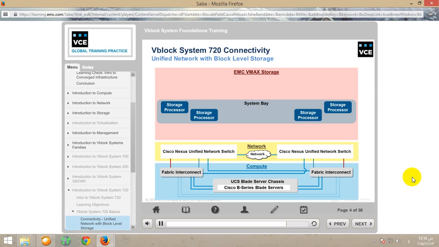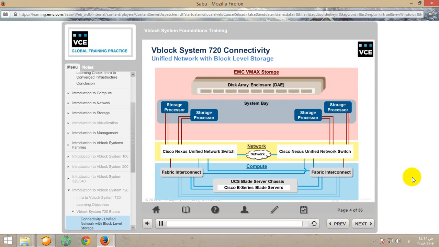In VMAX, the storage processors are referred to as engines. These systems can also have many disk array enclosures or DAEs. Note that every unified network switch has 2 connections to every storage processor, and every storage processor is connected to all DAEs.